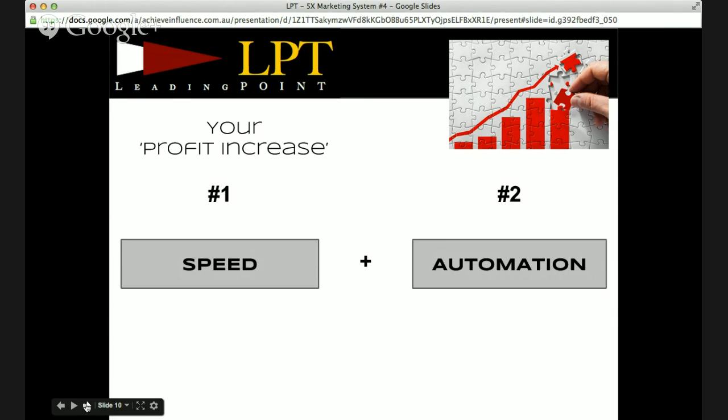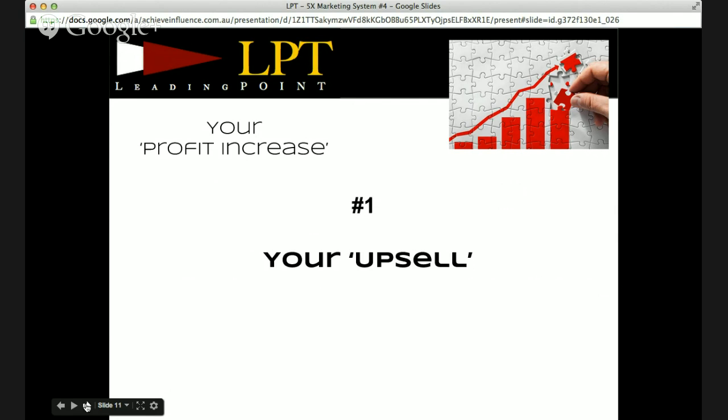So these are the 2 things that each profit increase type must include: speed and automation. So now let's move on to your first profit increase, which is your upsell.